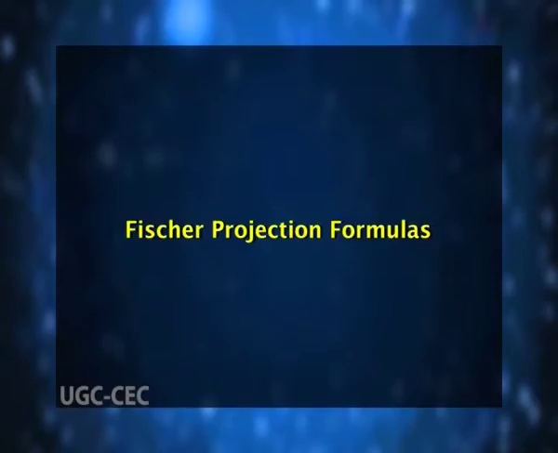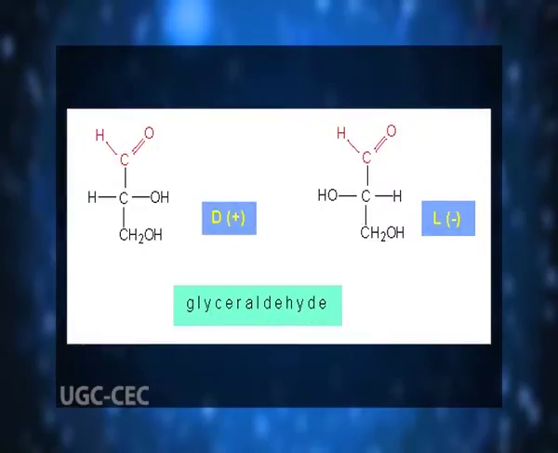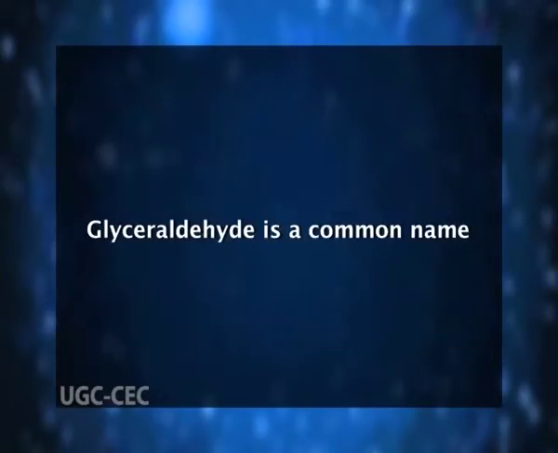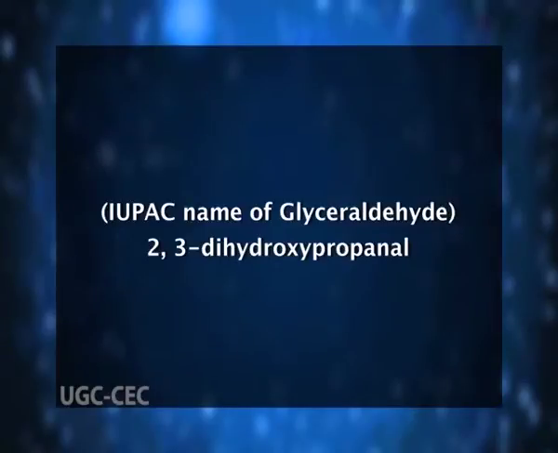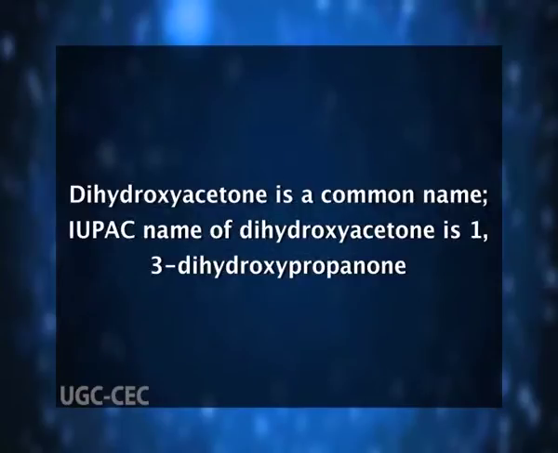Fischer projection formulas. Glyceraldehyde contains a chiral center and therefore exists as a pair of enantiomers. Glyceraldehyde is a common name. The IUPAC name for this monosaccharide is 2,3-dihydroxypropanal. Similarly, dihydroxyacetone is a common name.